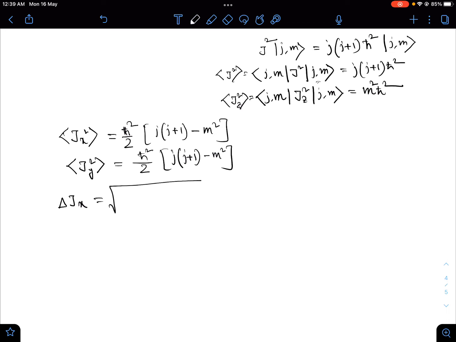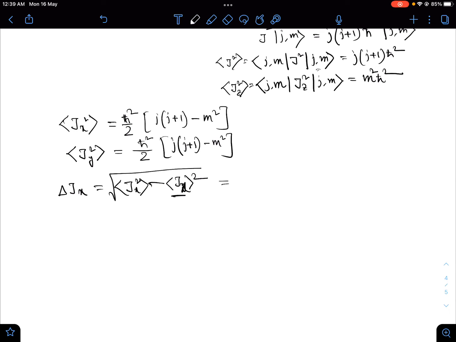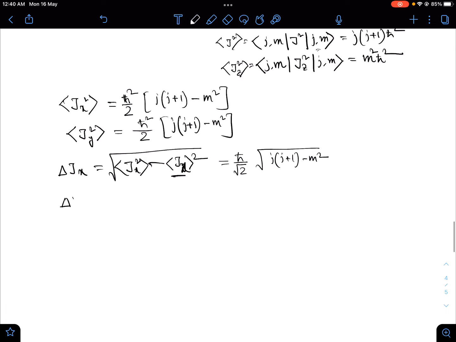It is root under (Jx squared expectation minus the square of the Jx expectation). So this term is 0, so it will be root under the Jx squared expectation. That means h cut by root 2 into root under j into (j plus 1) minus m squared. And what will be the delta Jy? It will have the same value, h cut by root 2 into root under j into (j plus 1) minus m squared.